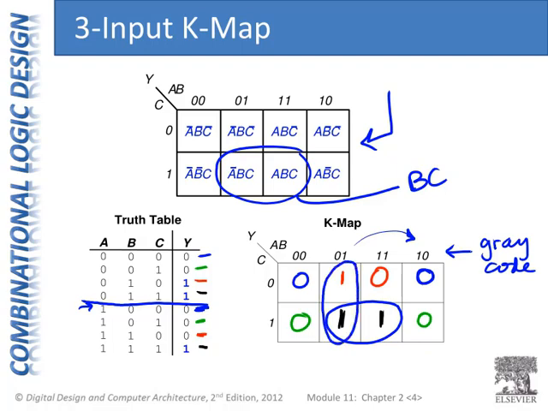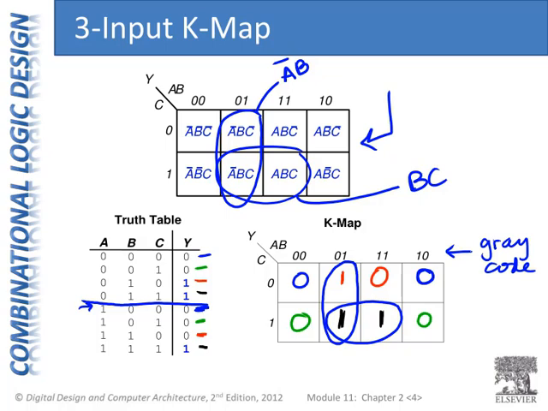It's okay to reuse a minterm if it helps me reduce the product term. So here I circle these two. Again, idempotency, I can reuse that minterm as many times as I want. So these two reduce to, well, A bar B C bar or A bar B C just reduces to A bar B.